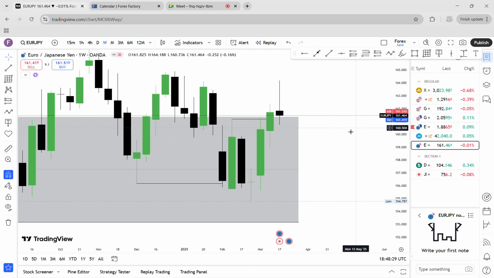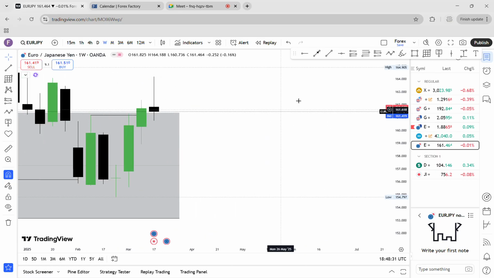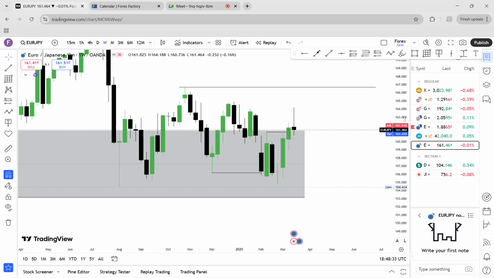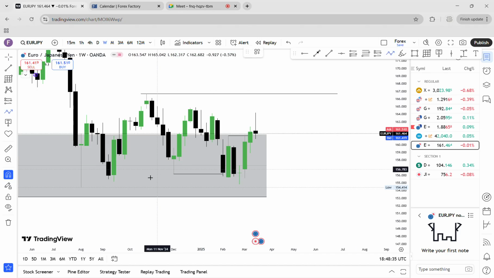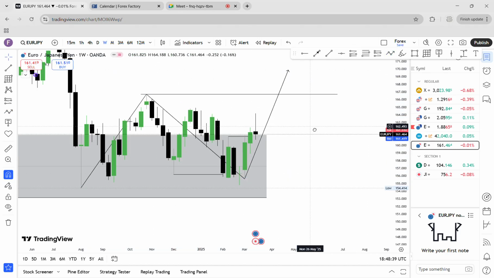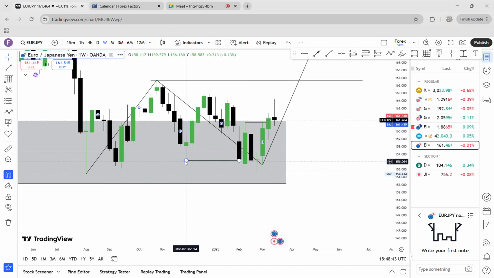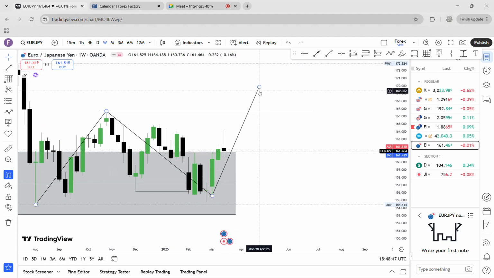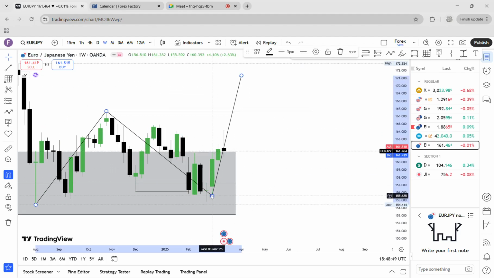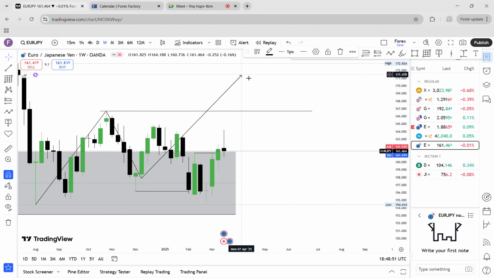Now, what do we have? I want you guys to pay attention to this. Remember, the bigger picture is to create a high, a low, a higher high, right? This is our bigger picture. And this is the 3 months. This is the reason why this price hasn't created this higher high, even if we pull back here.